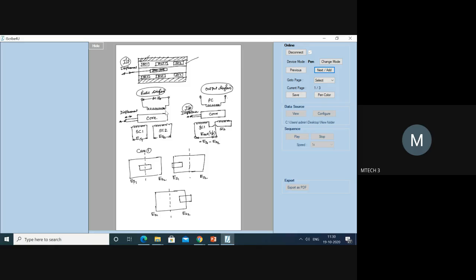Are you getting my point? So when the core is at the center of the coils, ES1 and ES2 will have the same amount of electric potential. In this case, ES1 will be equal to ES2. And what is this position called? What is this voltage called?